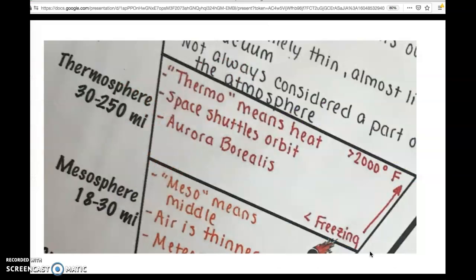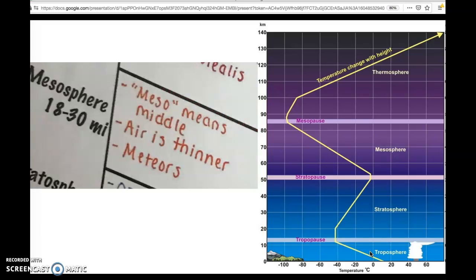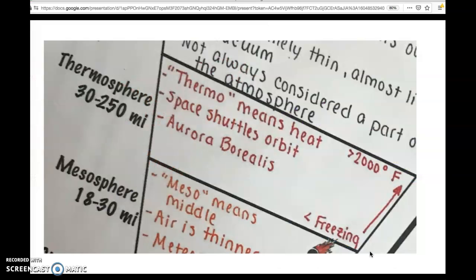If we keep going to our thermosphere now, thermo means heat, so we are seeing a distinct change in temperatures. It can start at just a little bit less than freezing, but as you travel up into the thermosphere, let's look at our graph again, it is getting way, way warmer.